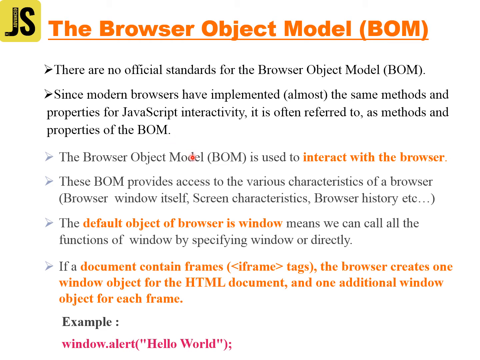The browser object model is used to interact with the browser. This BOM provides access to the various characteristics of a browser window itself, screen characteristics, browser history, etc. So the main idea behind BOM is that it is used to interact with the browser.